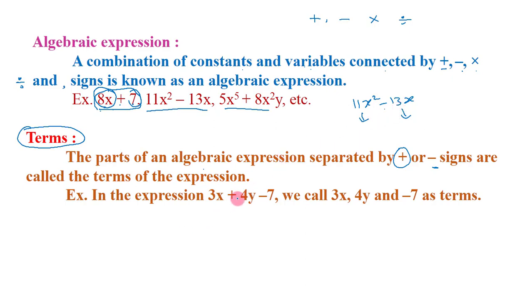In 3x plus 4y minus 7 there are three terms, namely 3x, 4y and minus 7. In algebraic expressions, terms are separated by plus or minus.